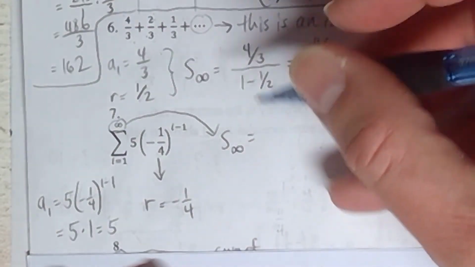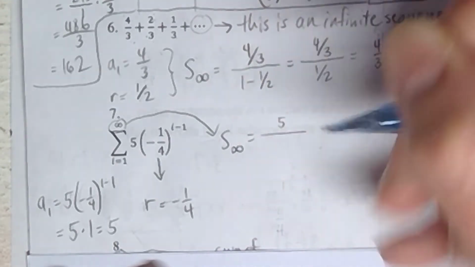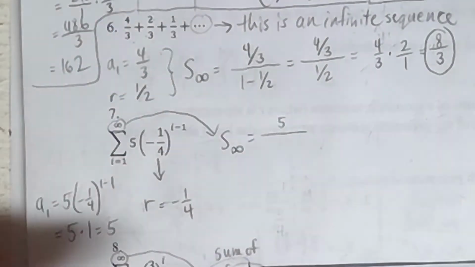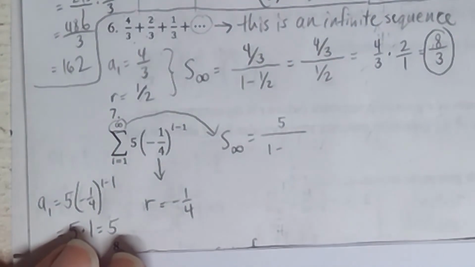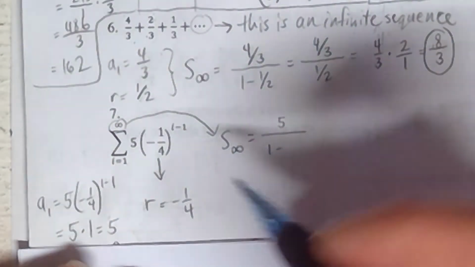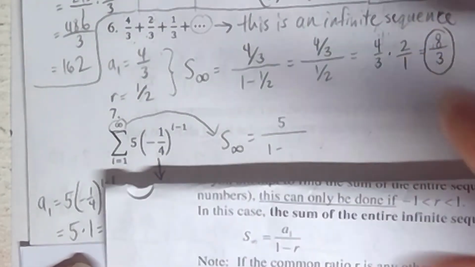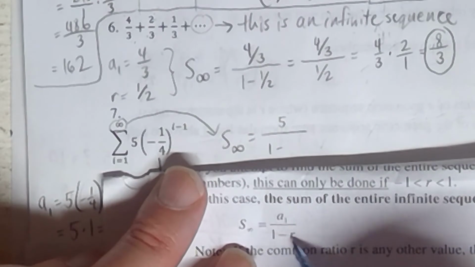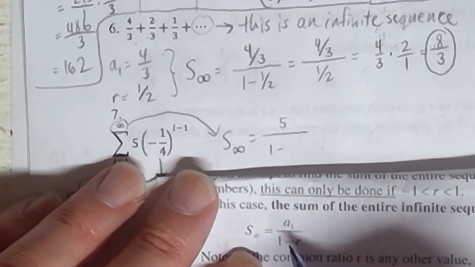So let's see how it comes out. Since the top is where we're supposed to put the a1 number, I put the 5 on top. Then underneath that, we say 1 minus, and then remember, r is negative. When you plug a negative number behind a subtraction symbol, if a variable is being subtracted and then you plug a negative number into that variable, we've seen this on a number of occasions this semester, that's a double negative.